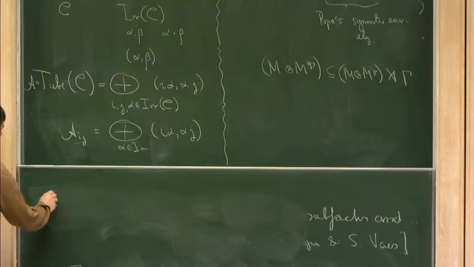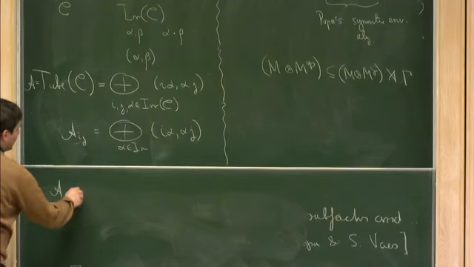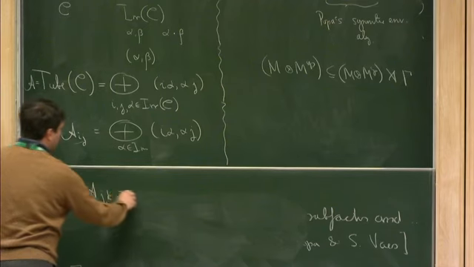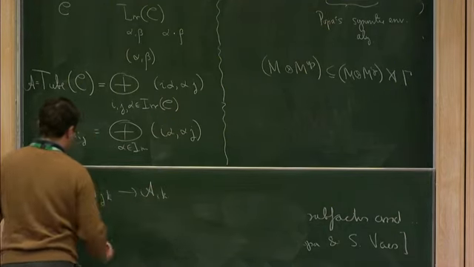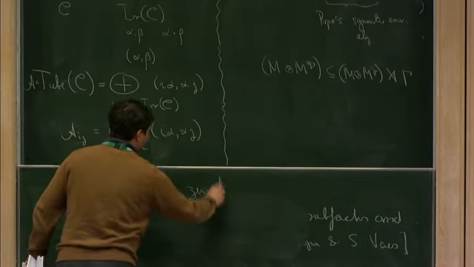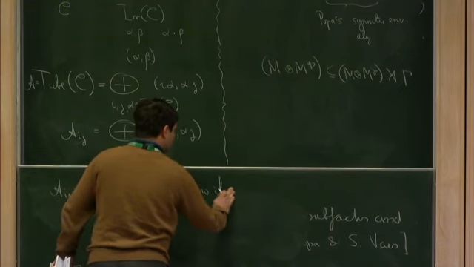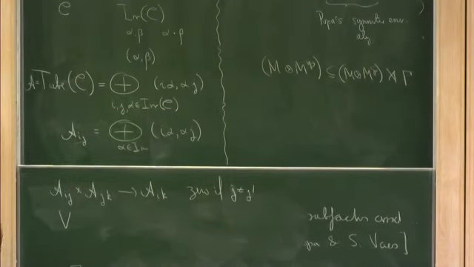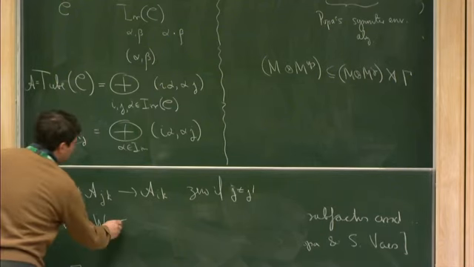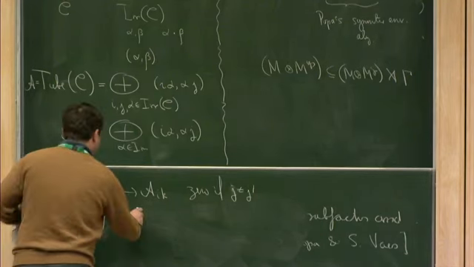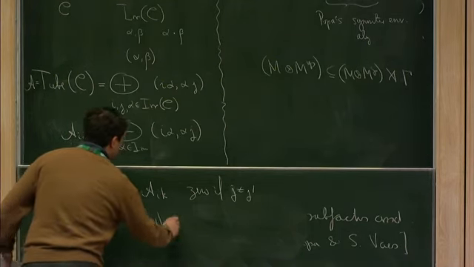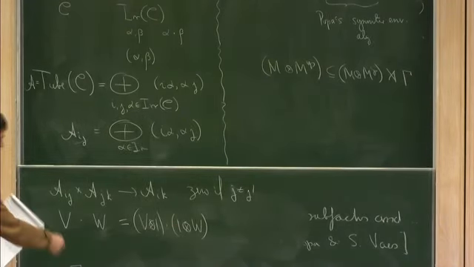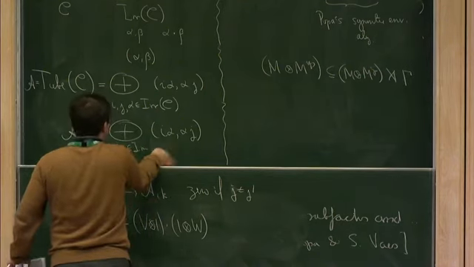So the multiplication will be defined from Aij times Aj'k to Aik, and it will be 0 if j is not equal to j prime, and otherwise if I take an intertwiner V and an intertwiner W here, then the product of them will be simply V tensor 1 times 1 tensor W. And if you follow through what this means, you will see that sort of makes sense.